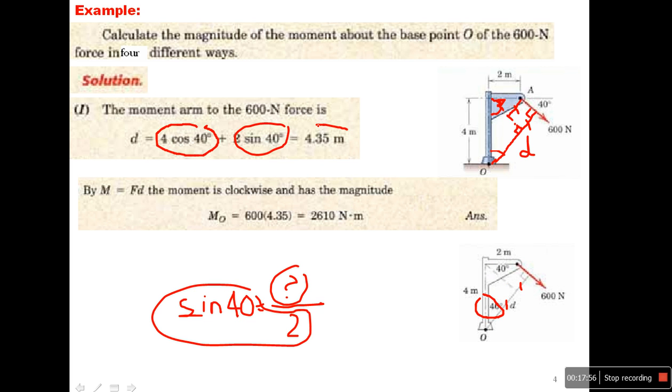So in the end I have found the distance D. Multiply by 600, so I get the moment. So all this speech was to find the moment of the force 600 about O in the first way.